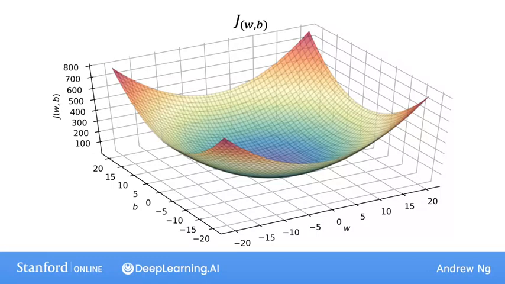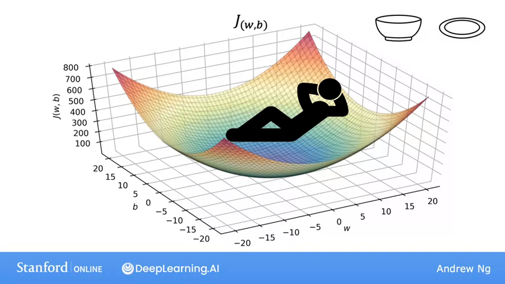In fact, depending on your training set, the cost function will look something like this. To me, this looks like a soup bowl, maybe because I'm a little bit hungry. Or maybe to you, it looks like a curved dinner plate. Or a hammock.